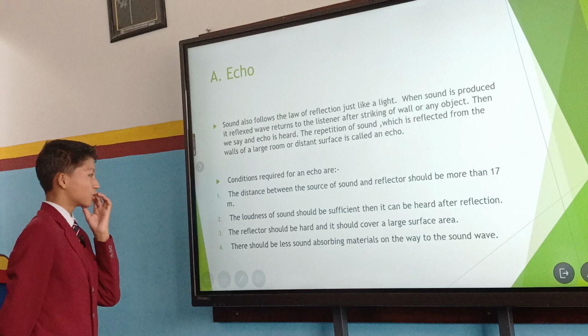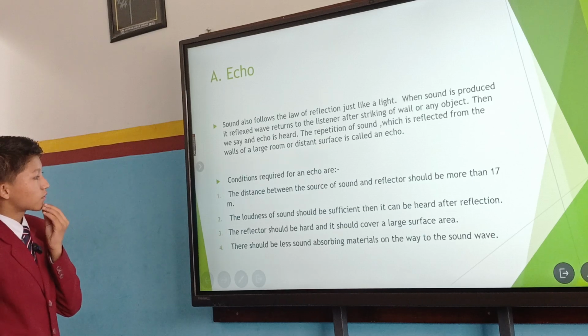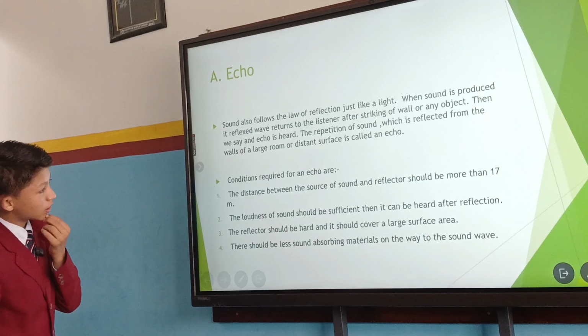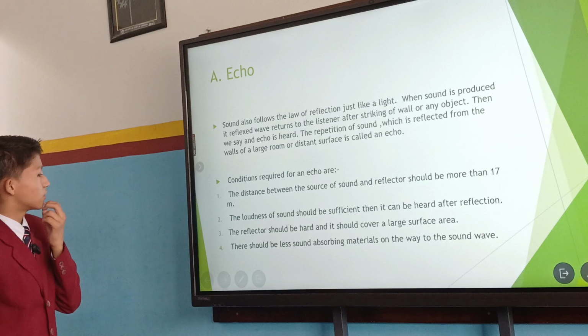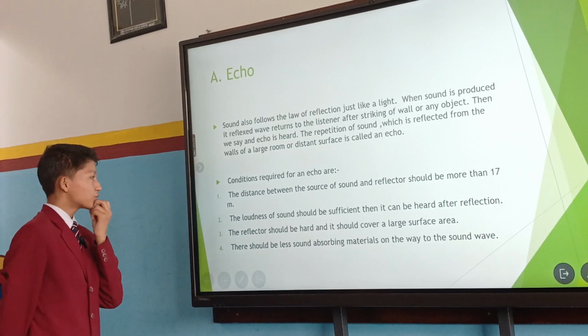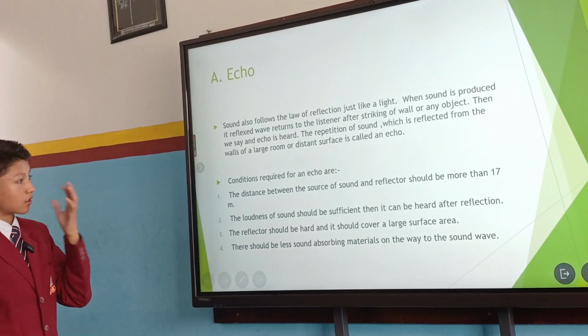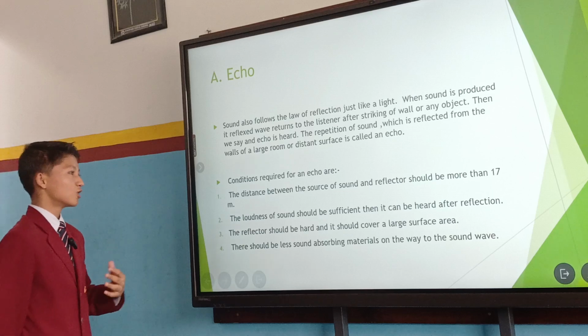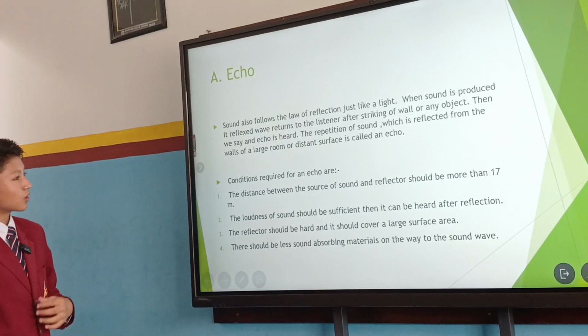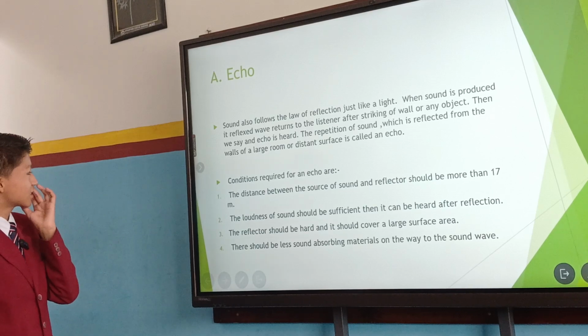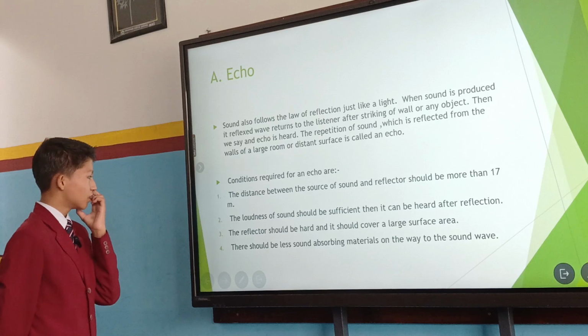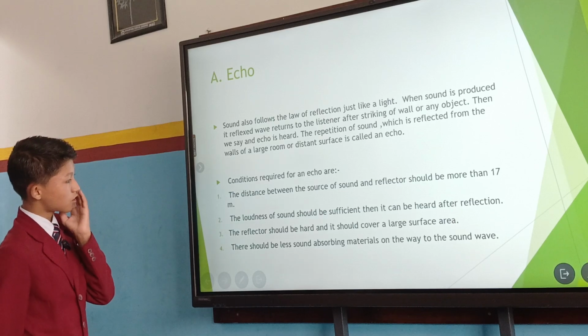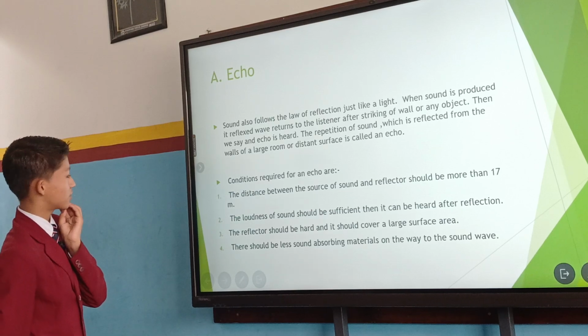Condition required for an echo: the distance between the source of the sound and the reflector should be more than 17 meter. If the distance between the surface and the speaker is less than 17 meter, then it cannot be heard. The loudness of the sound should be sufficient, then it can be heard after reflection.